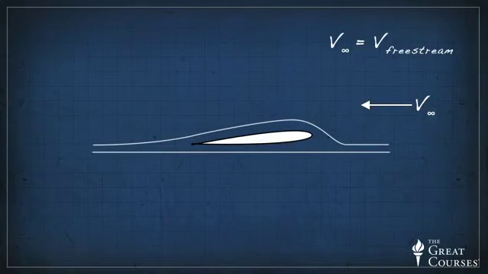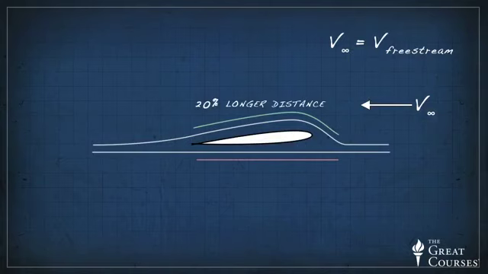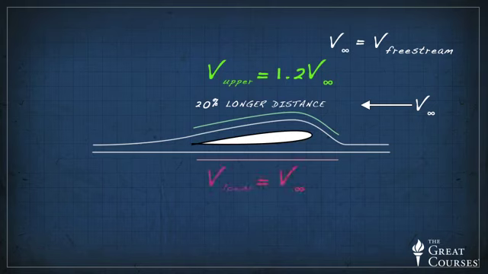Also, if we do some back-of-the-envelope calculations, we'll see that the lift predicted by this theory is much lower than what is actually achieved. For the airfoil pictured here, the distance over the upper surface is roughly 20% larger than the lower surface distance. So if the equal time theory were correct, we would expect that the velocity on the upper surface would be, on average, 1.2 times that over the lower surface, which would be the same as the free stream velocity.